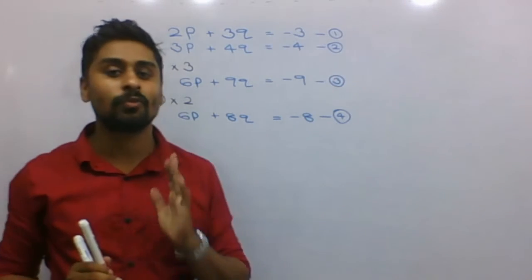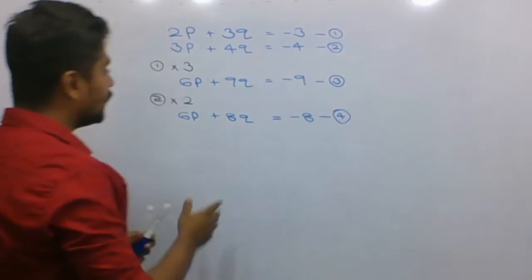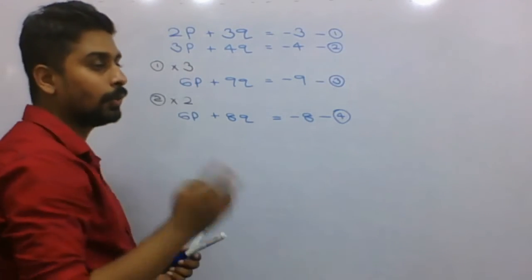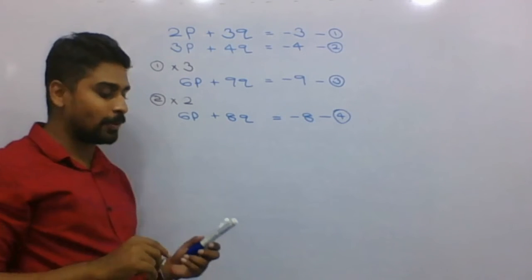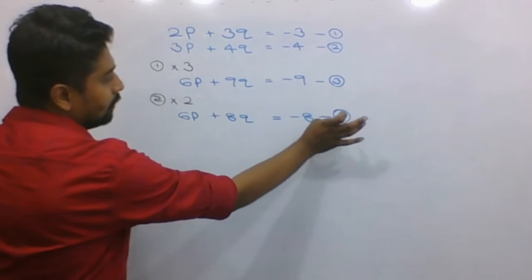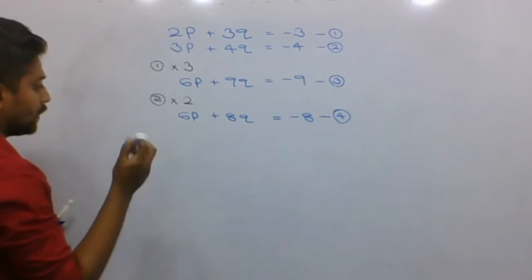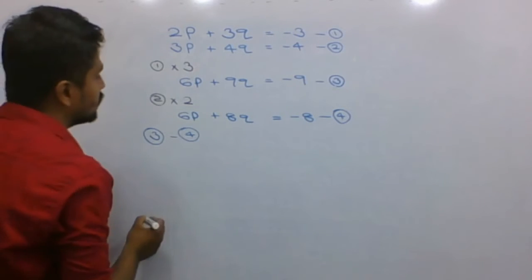Now we are going to deal with what? Third equation and fourth equation. Right? Now look at 6p. Alright. To remove this one we have to do what? Subtraction. Now you know. Right? I am not telling. So I am going to do what? Third equation minus fourth equation. So I will put third minus fourth. So what happened?